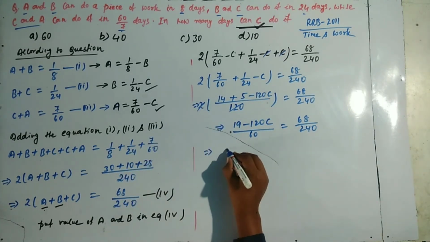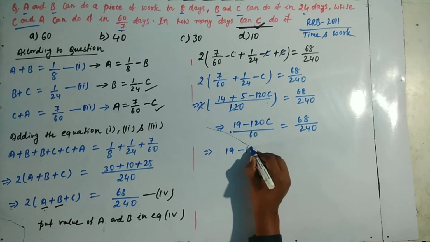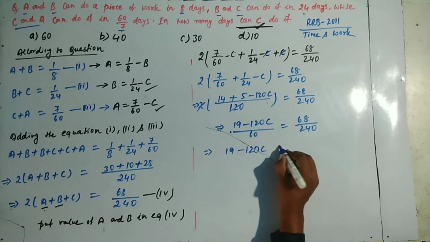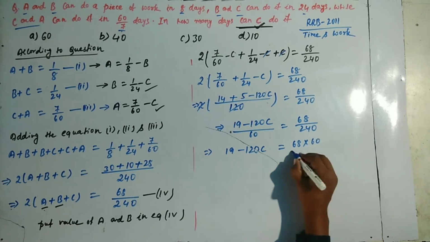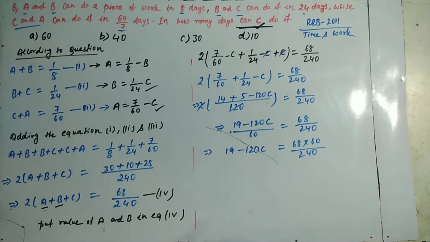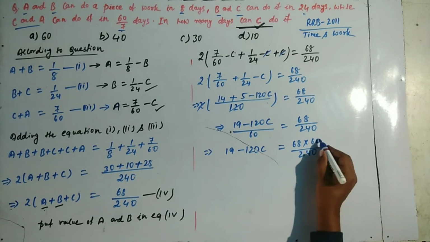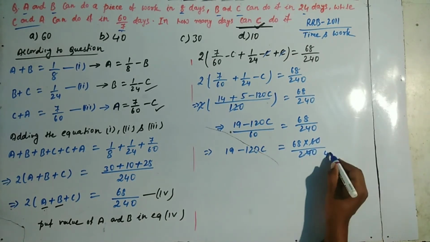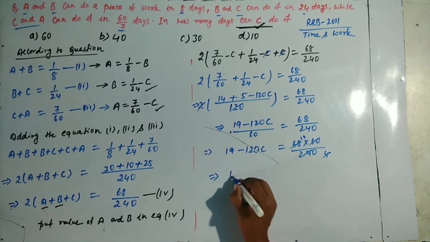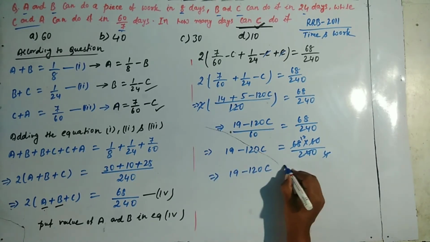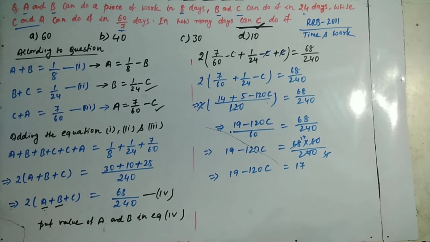The equation is 19 minus 120C equals 68 into 60 by 240. 240 cancels by 60 in 4 times, and 68 cancels by 4. Then the equation will be 19 minus 120C equals 17.